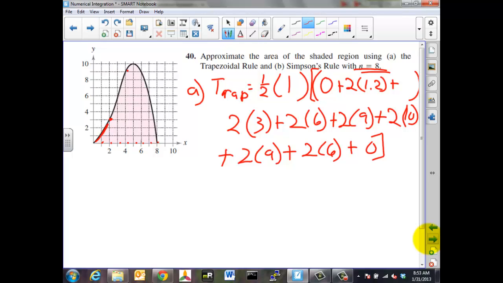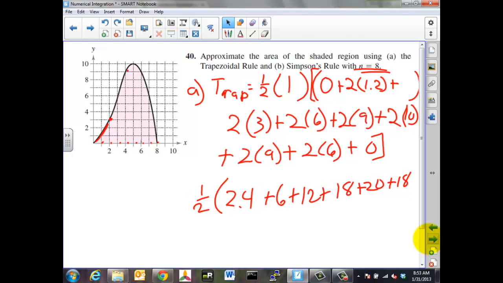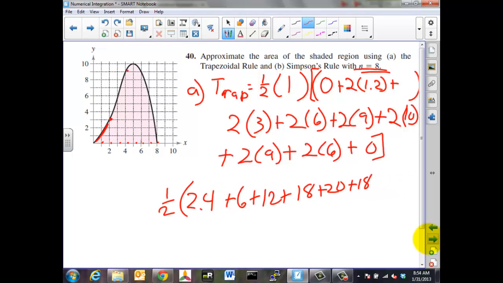12. So we've got 1/2 times 2.4 plus 6 plus 12 plus 18 plus 20 plus 18 plus 12. 18, 30, 50, 60, 70, 86, 88.4.